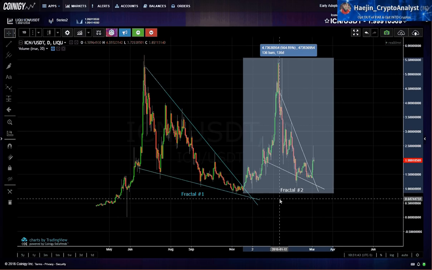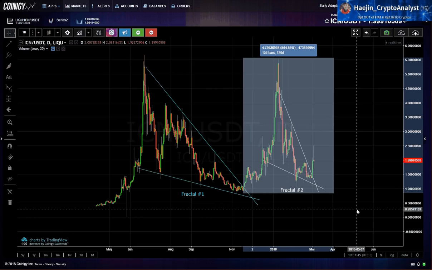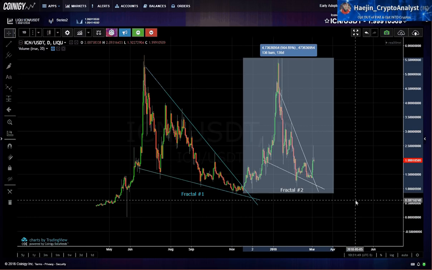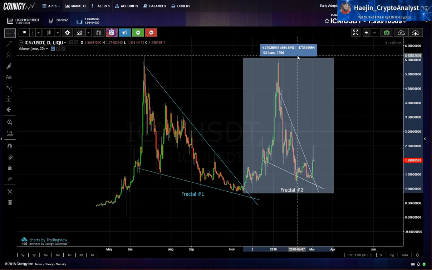Non-existent. The only way you could have that kind of return is 1, if you're really lucky, and 2, if you have 100x leverage in the stock market. Something that I would never touch on a leverage basis.